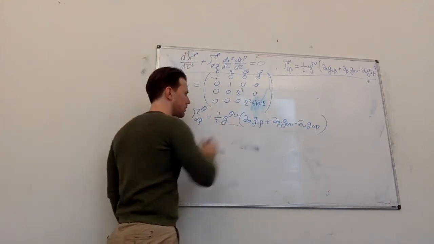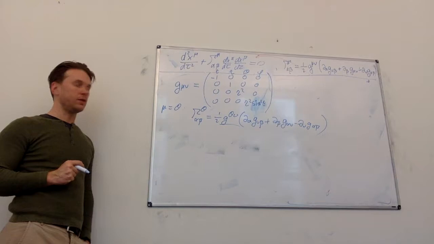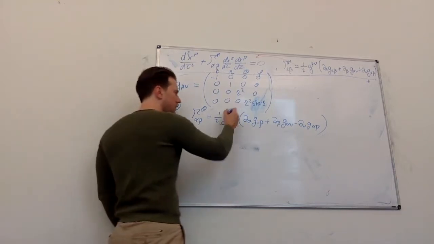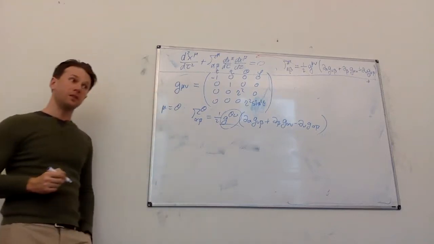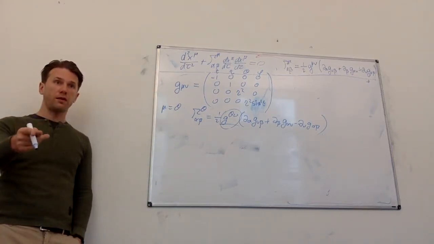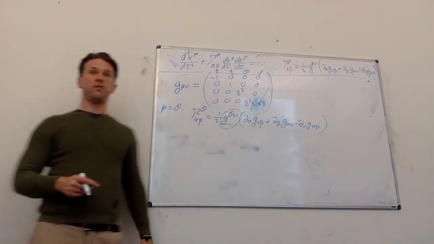Yes, you need this one, because it's a contravariant expression. That is very good. That is of course the next point. That this thing here looks like a metric tensor, but it isn't. The metric tensor has the indices down. It's double covariant. And what you need here is a double contravariant version of the metric tensor.